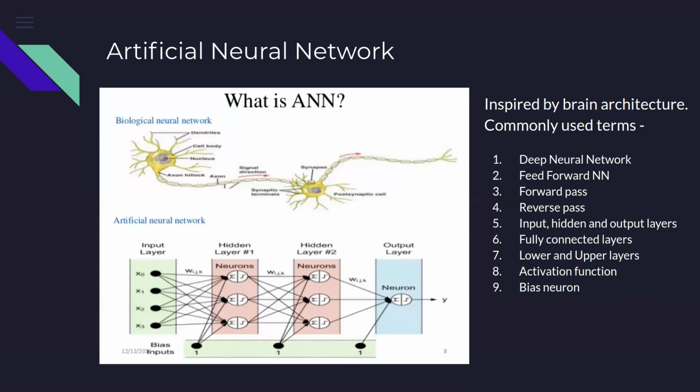So in each of these neural networks, there would be a forward pass where we compute the values and we go on doing it until we reach the output layer and we have an output value.